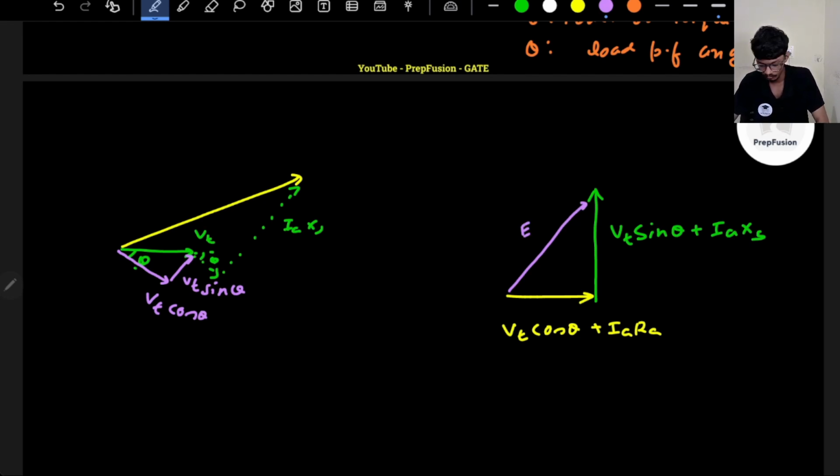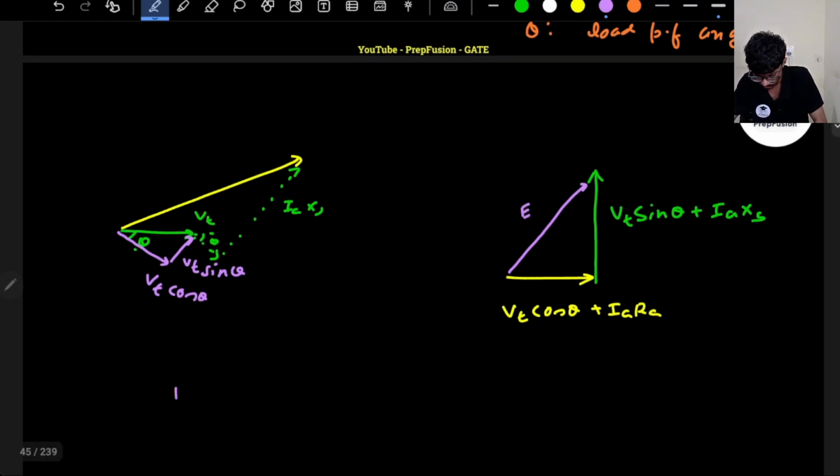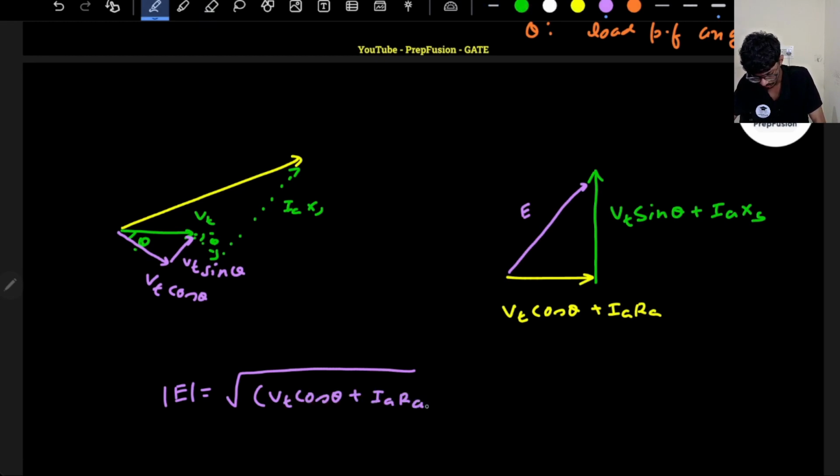Now you can find the value of E. By Pythagoras theorem, the magnitude of E will be the square root of (Vt cos theta plus Ia Ra) whole squared plus (Vt sin theta plus Ia Xs) whole squared.